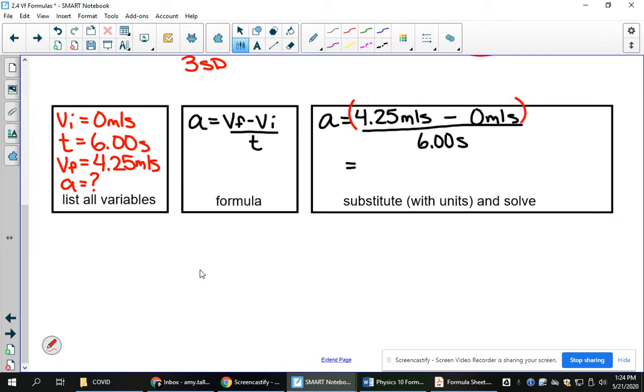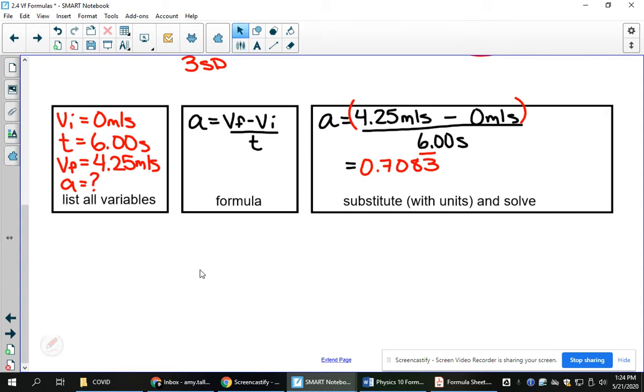So you're going to use the bracket buttons on your calculator and go bracket 4.25 minus 0, bracket, divided by 6. You should get the number, and it's quite a long number, 0.708333333. The 3 goes on forever, so I just wrote the 3 repeating.